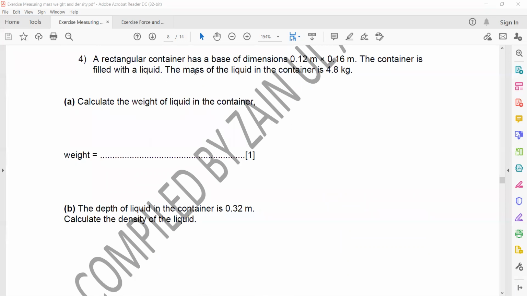Another question, a rectangular container has a base of dimension 0.12 meter multiplied by 0.16, and the container is filled with a liquid. So there's a container, a rectangular container is there, and its dimensions are given.